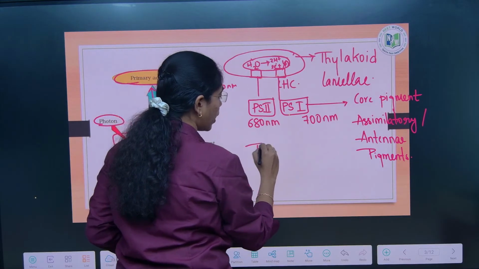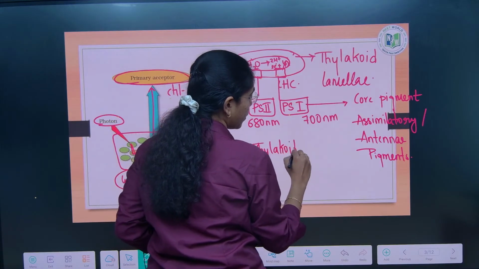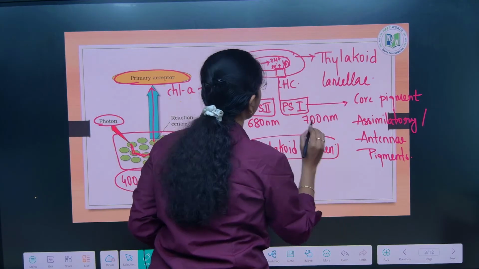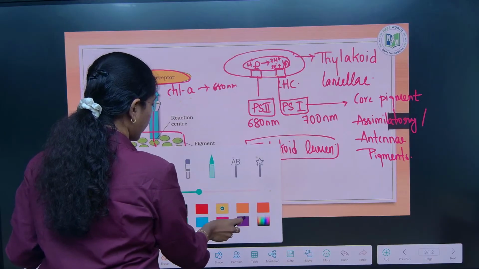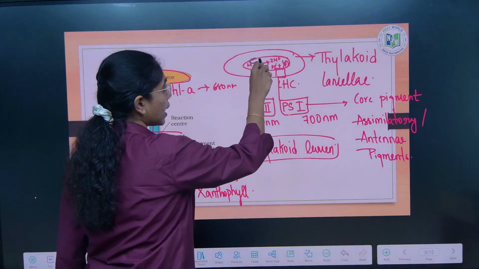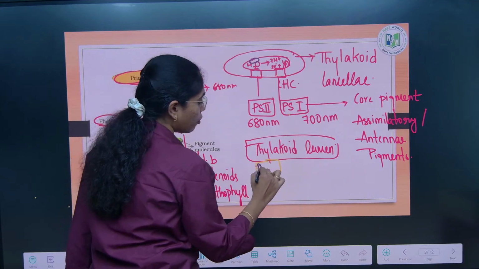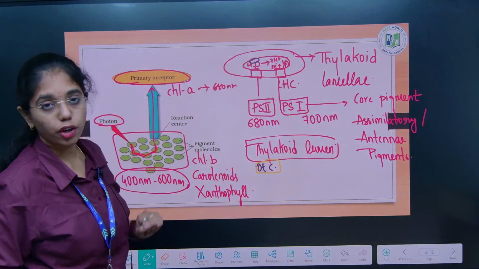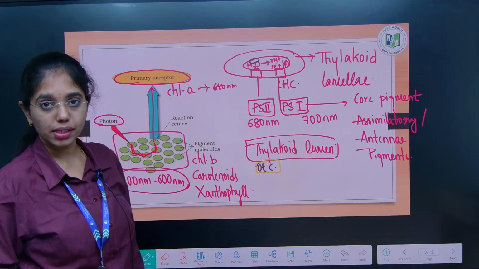Now, here are the electrons and protons which are formed inside the lumen. In the thylakoid lumen, if you observe keenly, towards the inner side of the thylakoid membrane, a complex called the oxygen evolving complex is present.